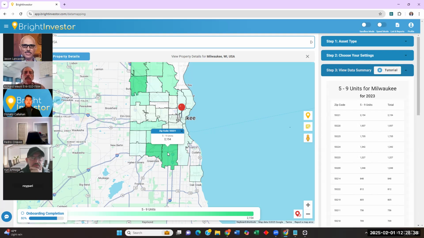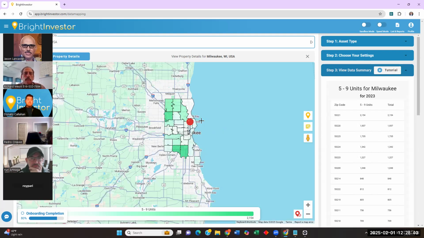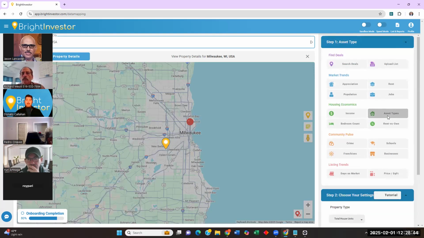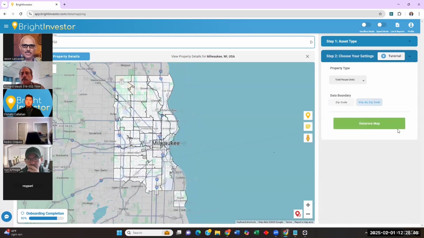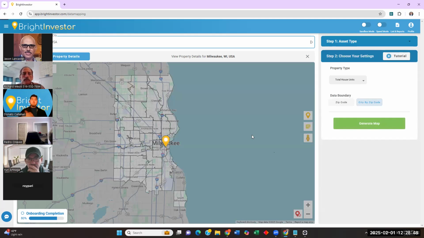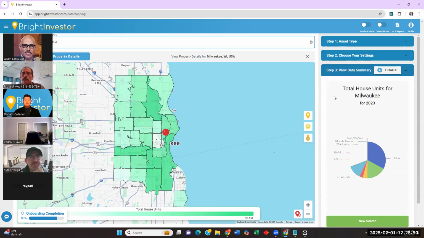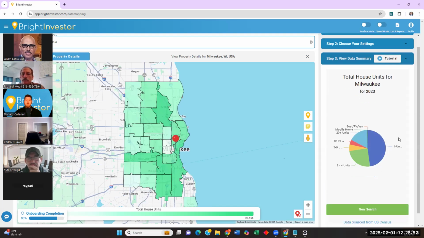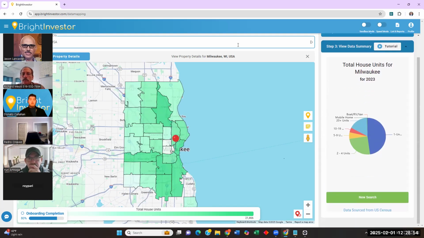They are out there. And one of the easiest ways to figure out if the city you're in is going to serve you for a long period of time is to just do asset type, total housing units. When you do that for any one of your cities, it's going to tell you how much of that type of property is there. For example, almost 25% of Milwaukee is 2, 3, and 4 unit buildings.